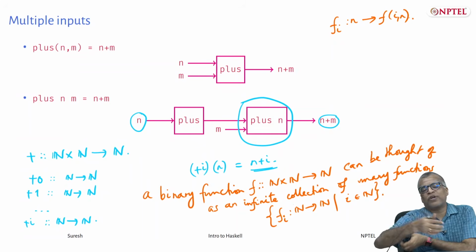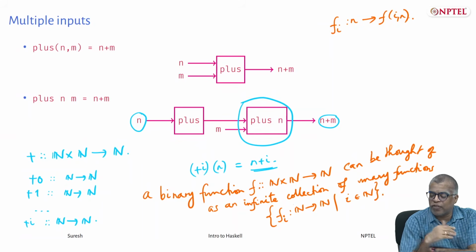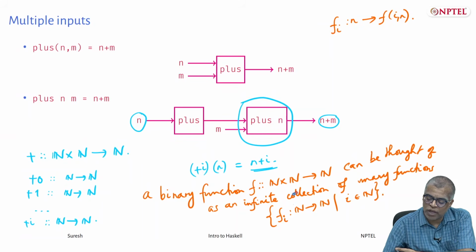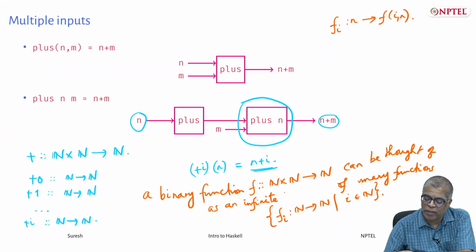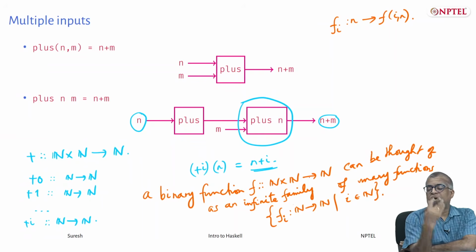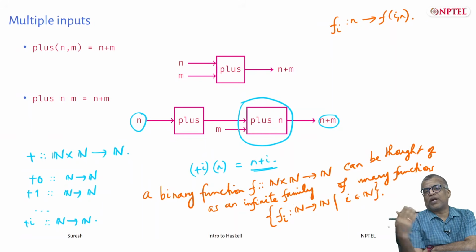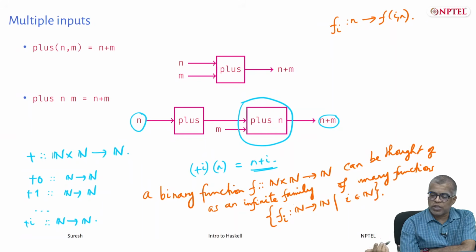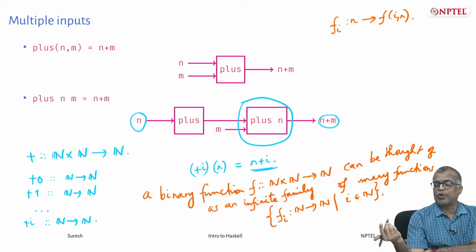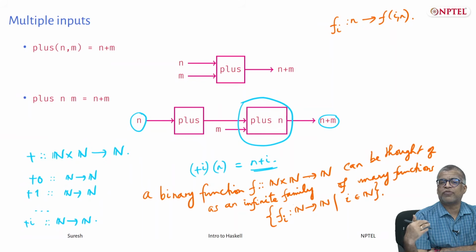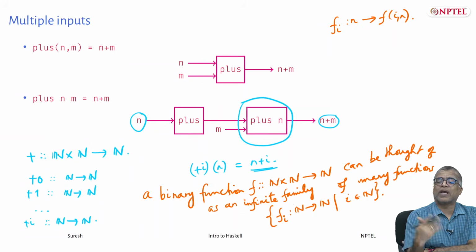So, given a binary function, I can define an infinite family. Instead of saying infinite collection, you typically say infinite family. From a binary function you can get a family of unary functions, and if I give you a family of unary functions, one function for every element in the domain of the first argument, then from that I can get a binary function.